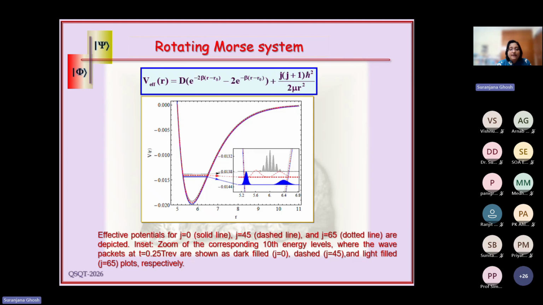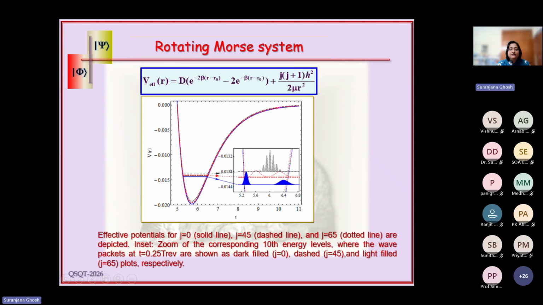So here we have studied the iodine molecule, and the initial wave packet we have created is peaked around level 10, and we see the system dynamics at a particular time, 1/4 of T revival time. If we change the value of J, initially it is 0. The blue line shows when J is 0, it's only the vibrational wave packet. At 1/4 of T revival time, there will be a two-way breakup.